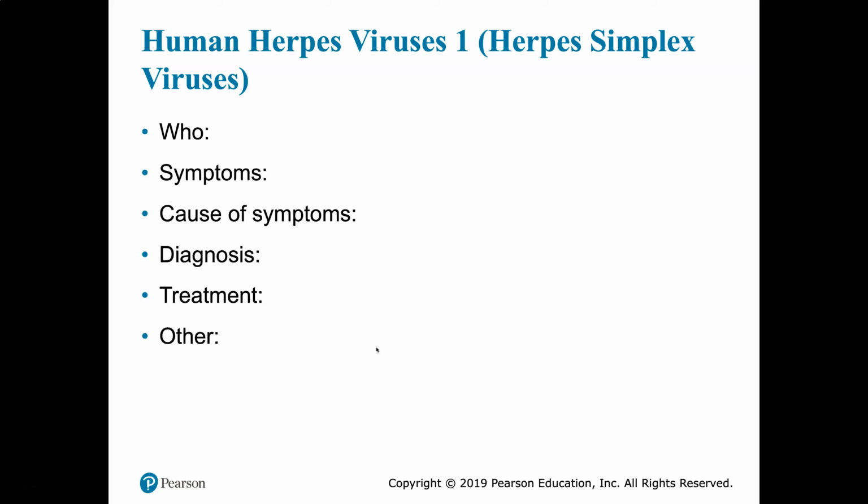Cause of the symptoms: the surface of the virus has what we call glycoproteins, which help it enter our cells, and then when they're in our cells, viruses replicate, and in this case, the replication process causes the lesions that we see on the lips.